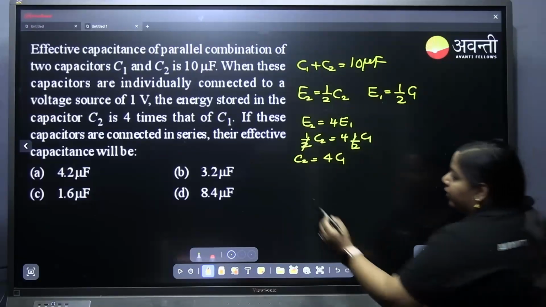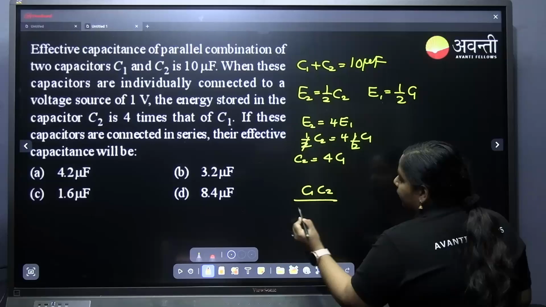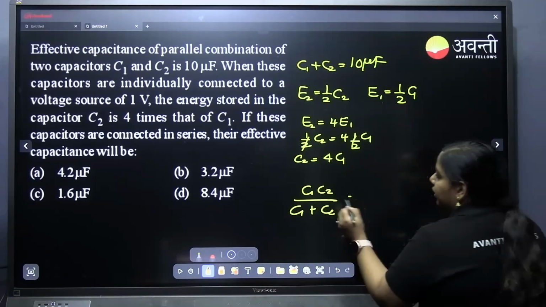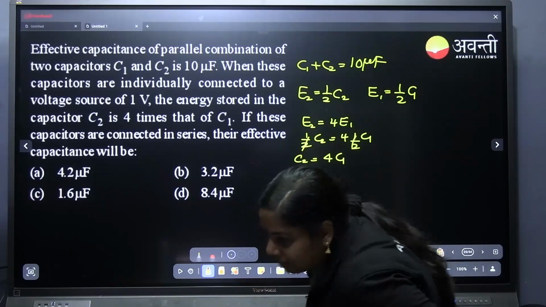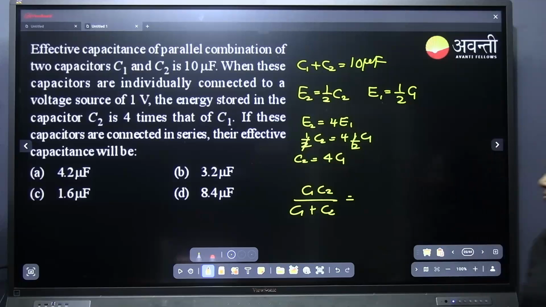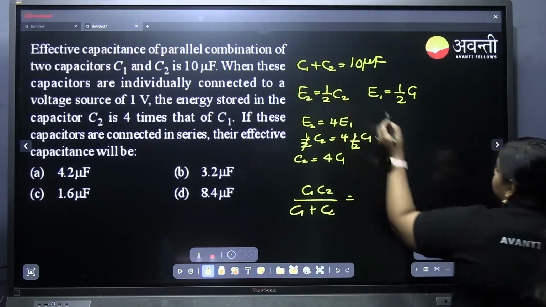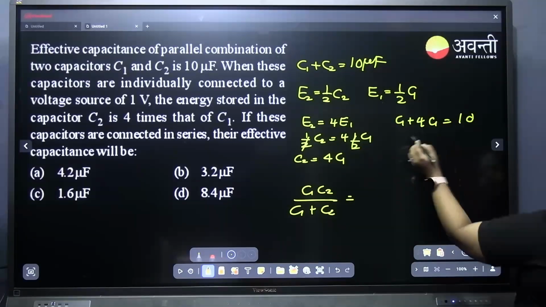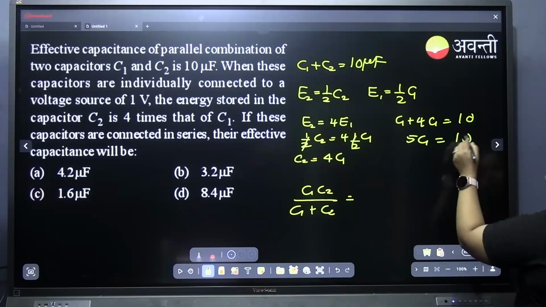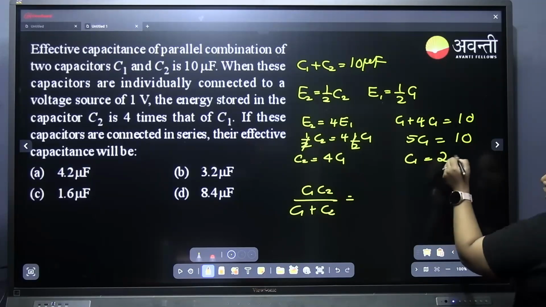Then you can find C1 C2 by C1 plus C2 will be equal to what? Again got the answer, very fast, good. Okay. So substituting this here, you will get C1 plus 4 C1 equal to 10. 5 C1 equal to 10 means C1 equal to 2.